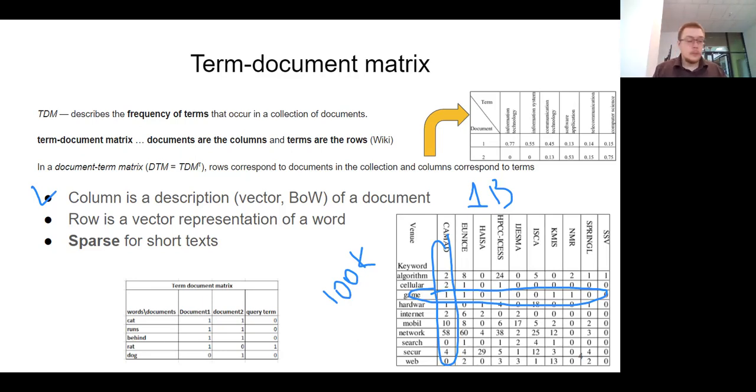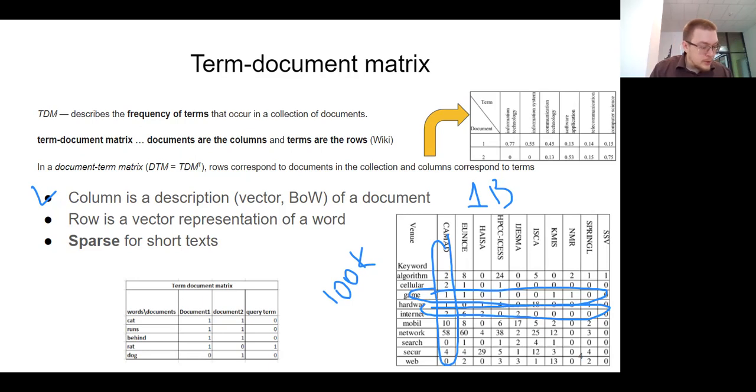And if you look at a couple of words, I mean that some such rows can be highly correlated because the words appear together in the same text, and some can be not that highly correlated.